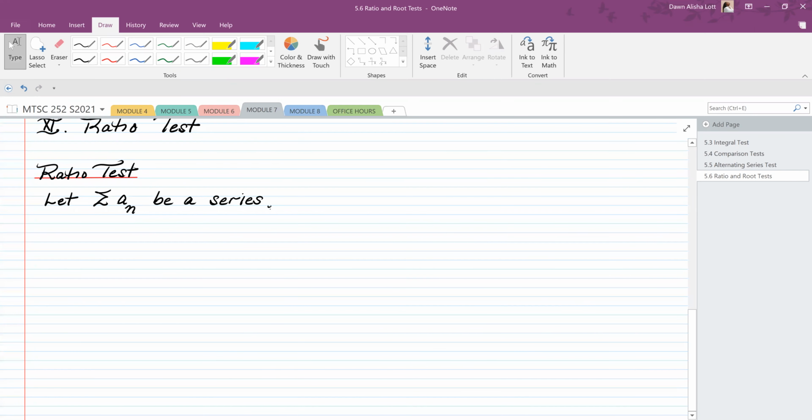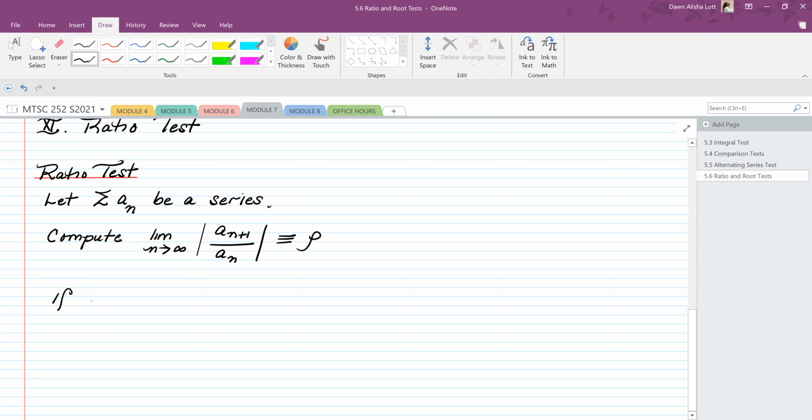So we're going to compute the limit as n approaches infinity of the absolute value of an plus 1 over an. That's why it's called ratio, because we're looking at the ratio of these two terms. And we're going to define this value to be rho.